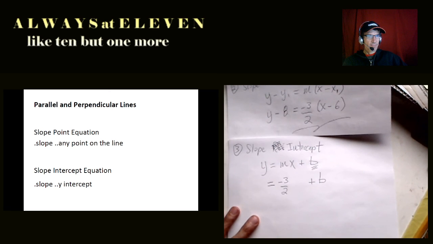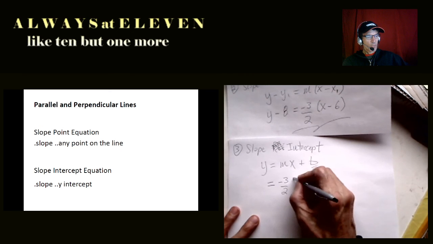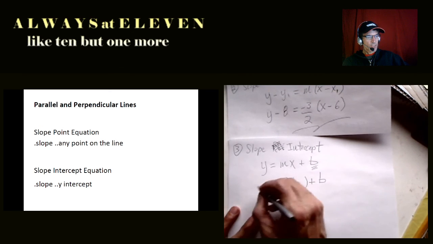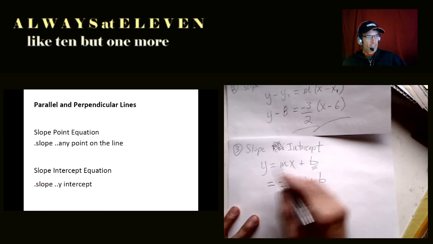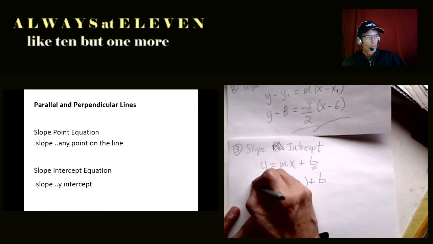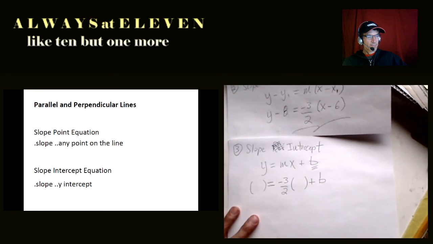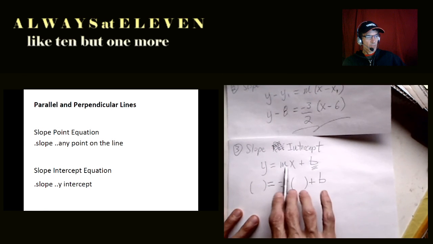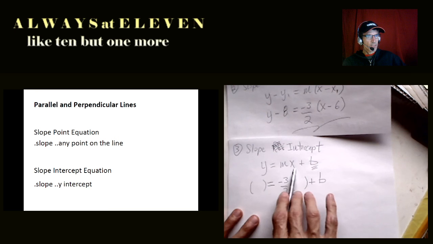And so what we have to do is select a value for x and select a value for y. If you have numbers for everything else, then the only thing left is b, and we just solve for it. So where does the x and y come from? Not x1, y1 in this equation, x and y.